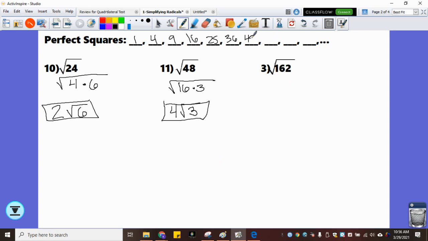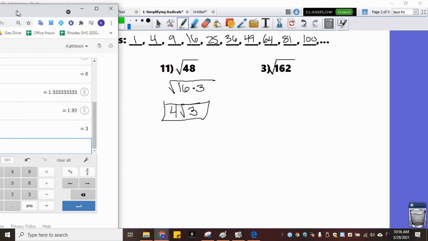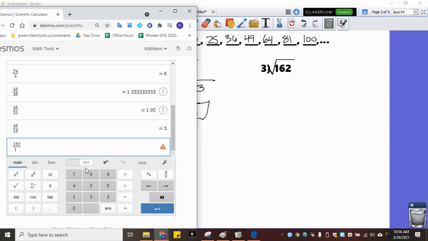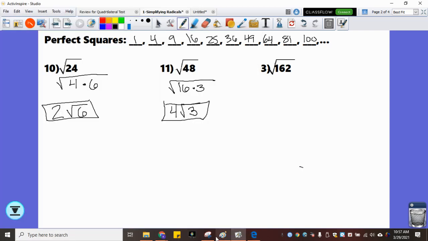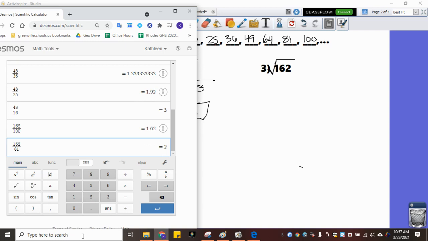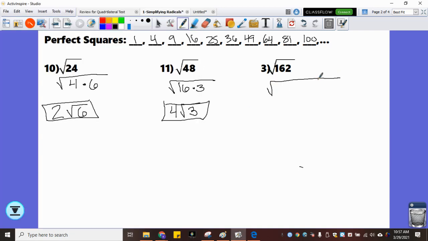Let's get our numbers a little bit bigger. Divide by 100 obviously isn't true. 162 divided by 81 gives you 2.